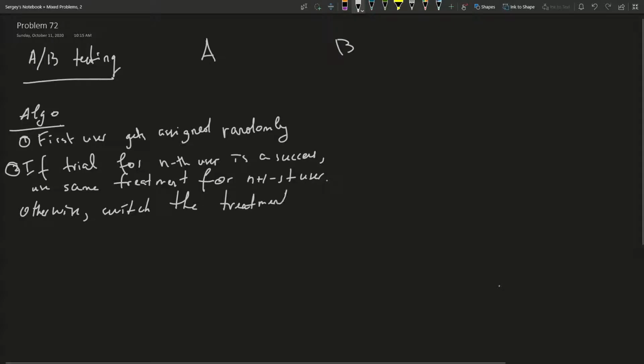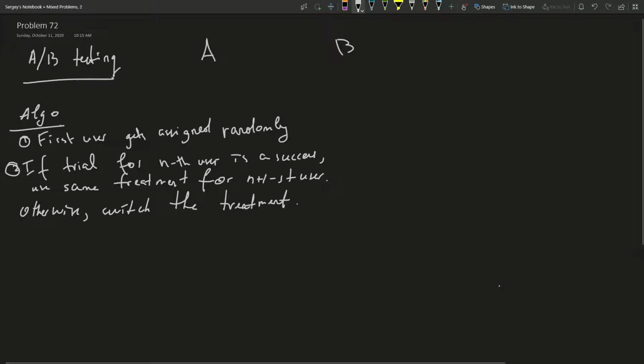So we can imagine that treatments A and B are two versions of a website, and success is whether a user clicks in a particular part of the website. We start by assigning the very first user randomly to either version A or version B. Let's say the user gets assigned to version A. If the user clicks on that part of the website, then for the second user, we're going to assign version A of the website again.